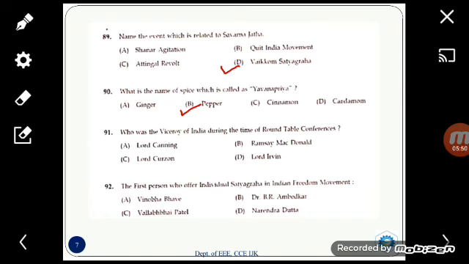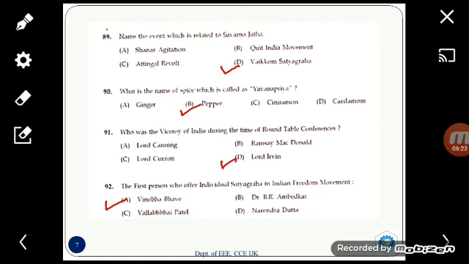Next one is: who was the Viceroy of India during the time of the round table conferences? At that time the Viceroy of India was Lord Irwin. That is option D. Next one is: the first person who offered individual satyagraha in the Indian freedom movement. That was Acharya Vinoba Bhave. So option A is correct.